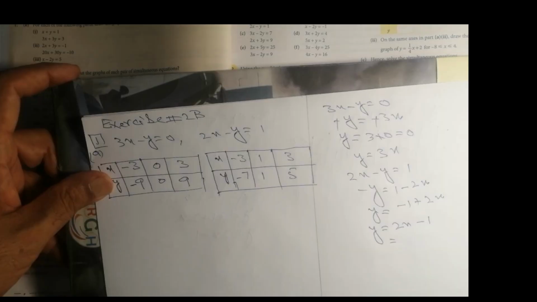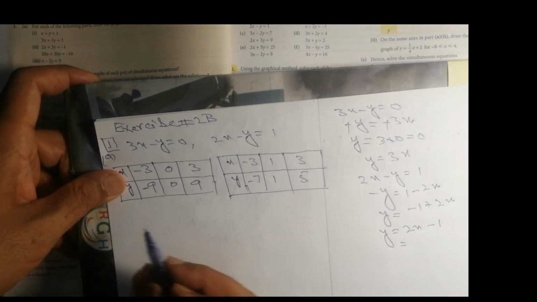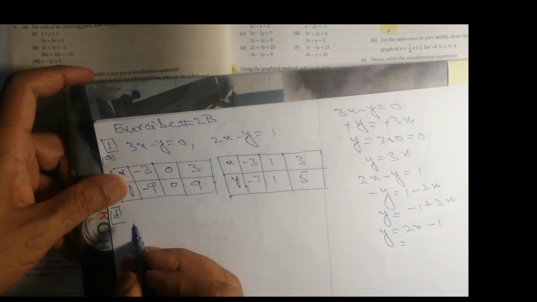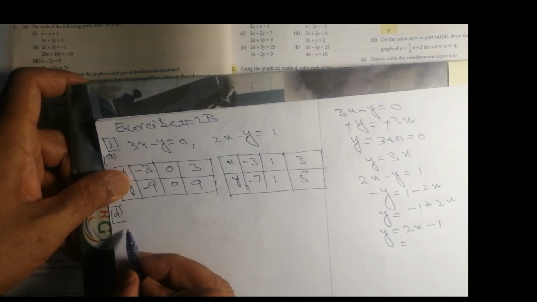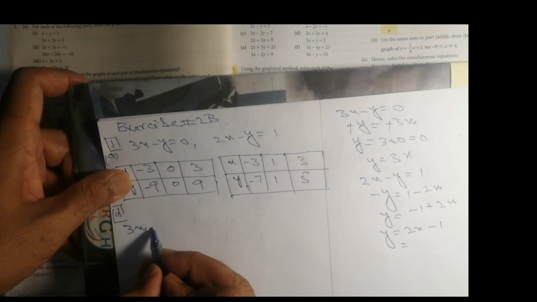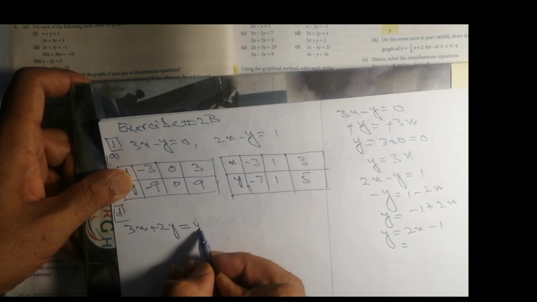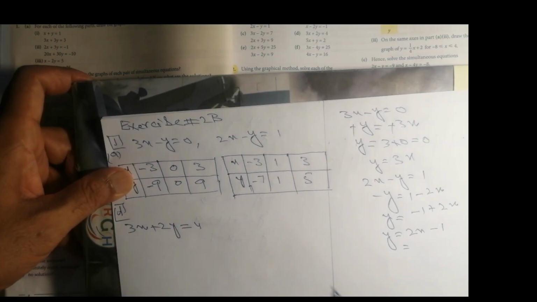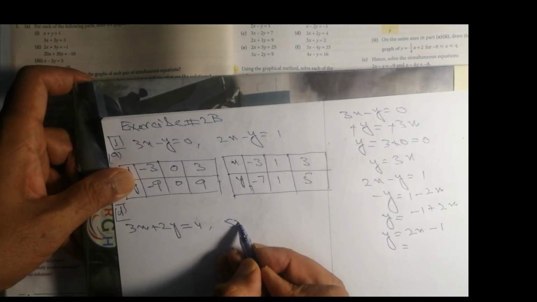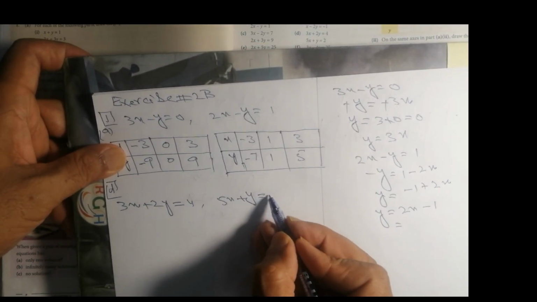So one more question, for example, part D of question number 1: 3x + 2y = 4, and 5x + y = 2.